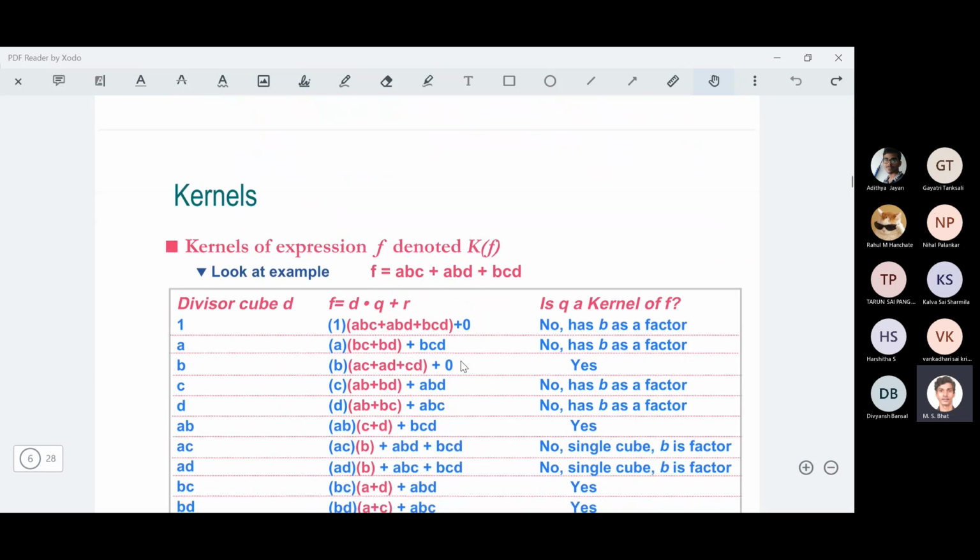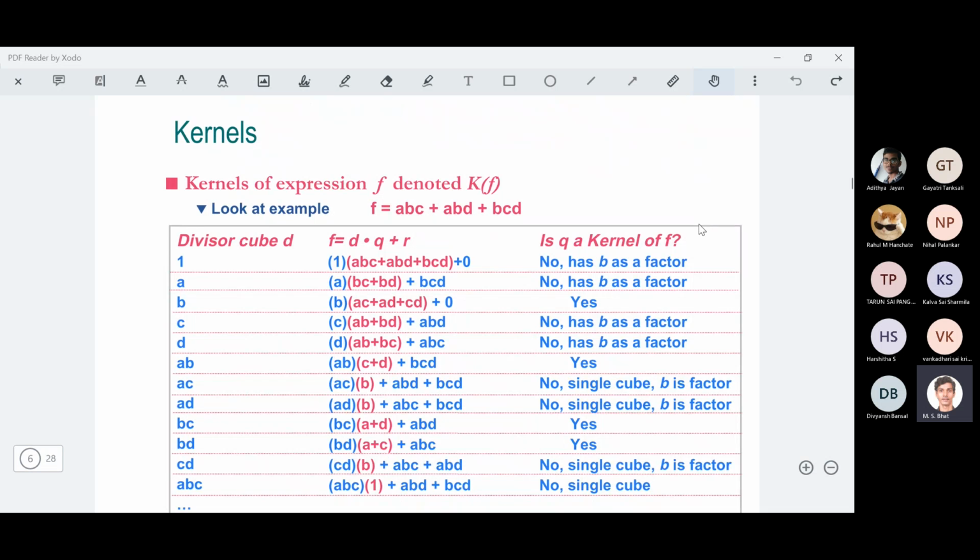We have also seen more examples of which quotients are kernels. For this function, f = abc + abd + bcd, if our divisor cube is b, then we get b into (ac + ad + cd).